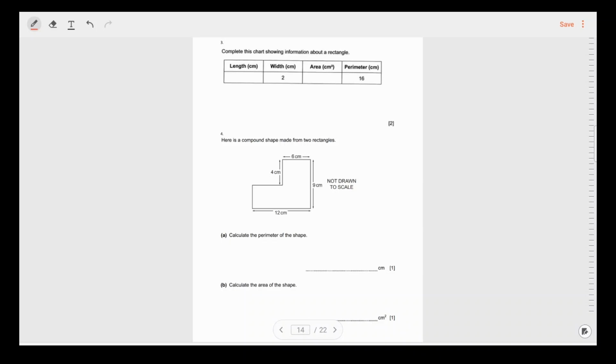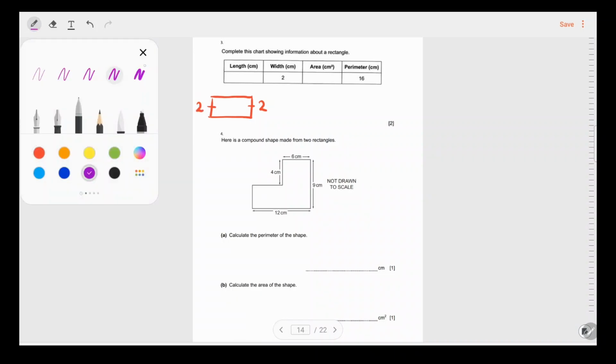Next, let's look at question number 3. So here in the chart we have some information about a rectangle, and I will illustrate this on the side. We know the width of the rectangle, which is 2 centimeters. So I'm going to put 2 on either side.